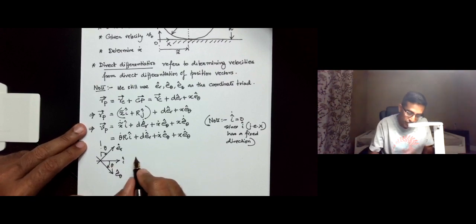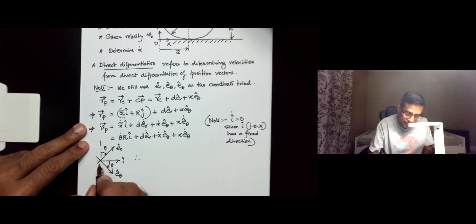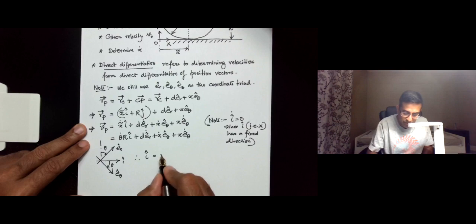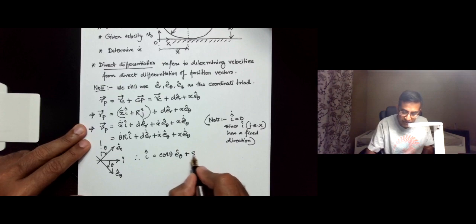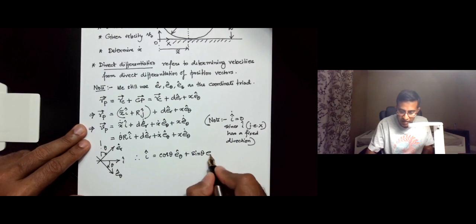Therefore the direction I is nothing but cosine theta E theta plus sine theta ER.